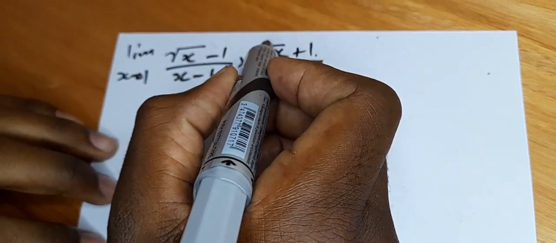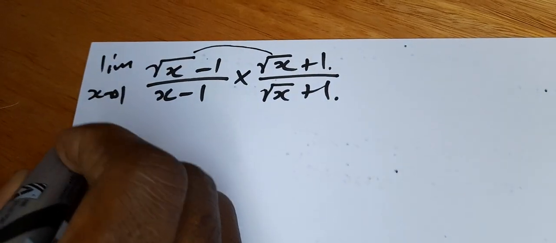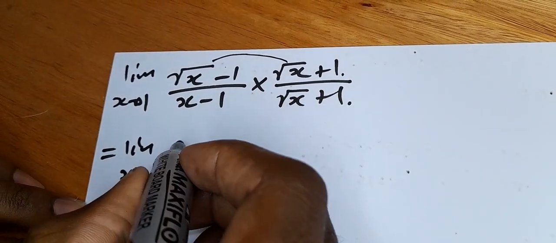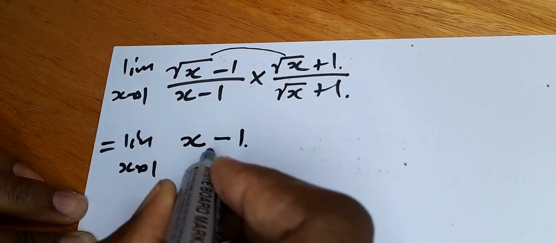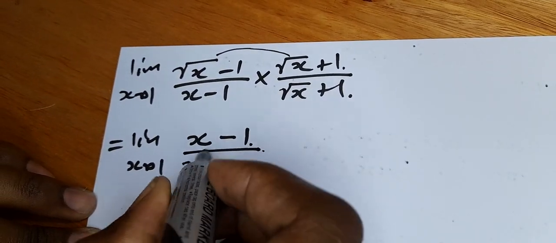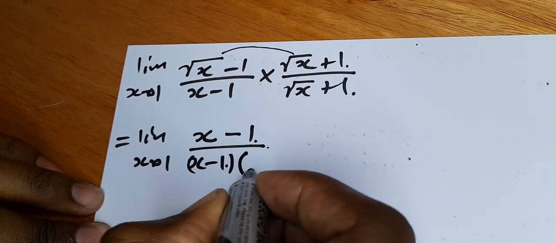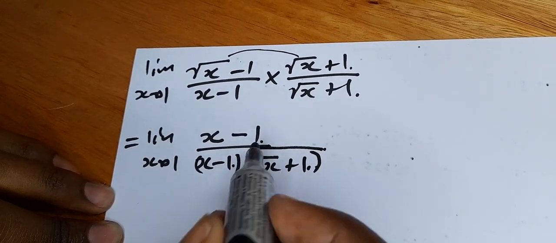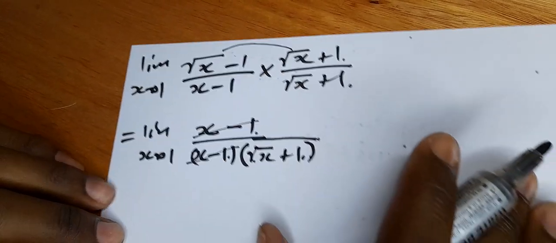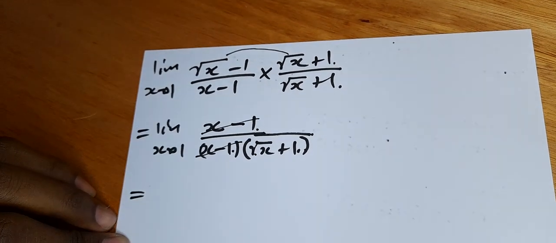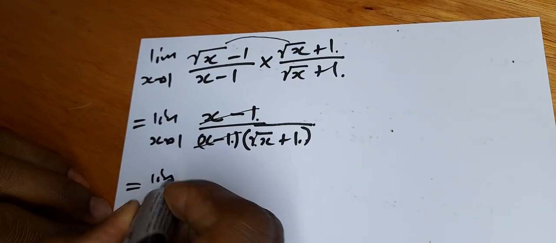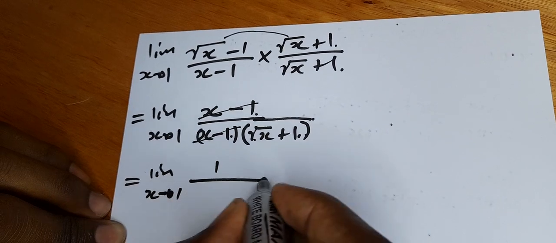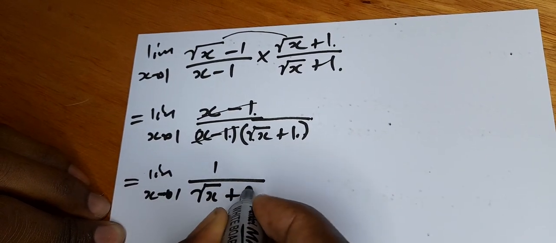Remember we have to multiply here. This will be equal to the limit as x approaches 1. Then this will give us x minus 1 all over x minus 1 times the square root of x plus 1. Now you can see this one is the same as that one. So this will be equal to the limit as x approaches 1 of 1 all over the square root of x plus 1.